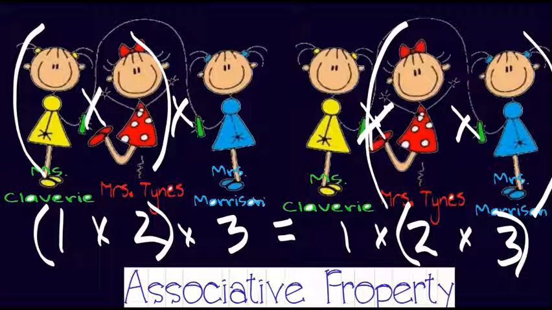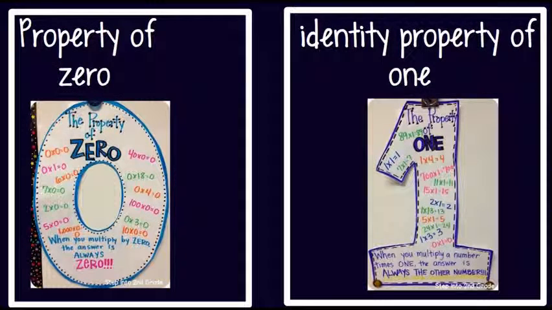It does not matter how you group or who you associate with, the job's still going to get done, or the multiplication and addition will still end up the same however you group them, as long as it's all addition or all multiplication. 2 more properties we're going to talk about today.